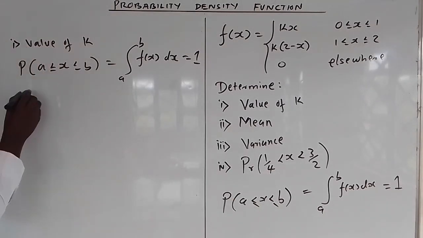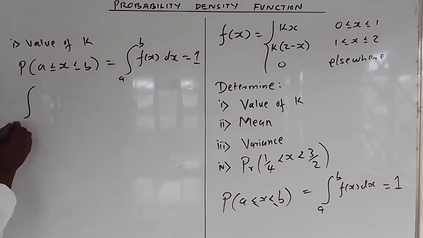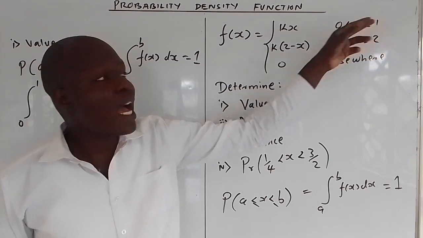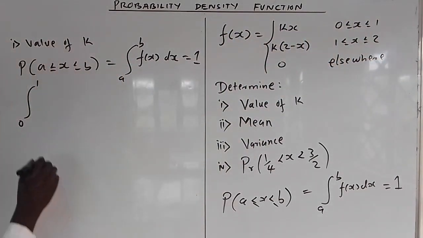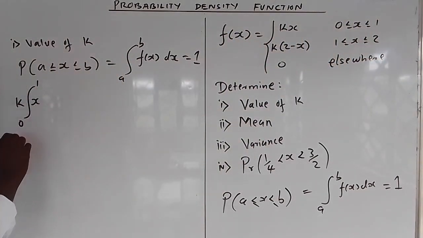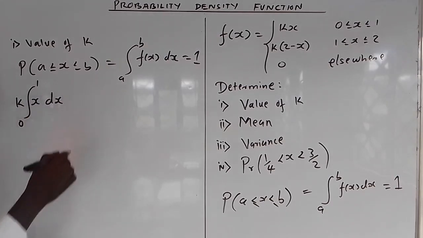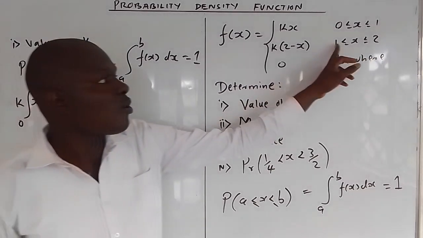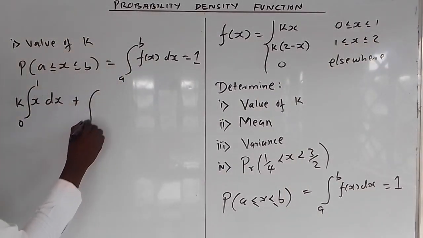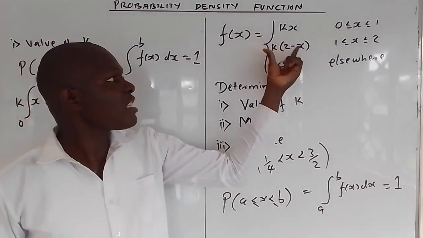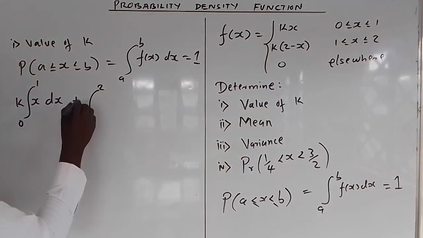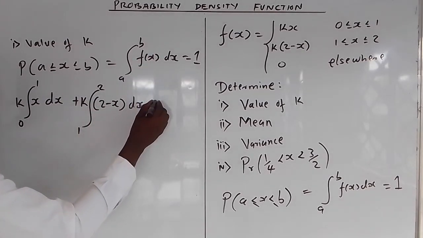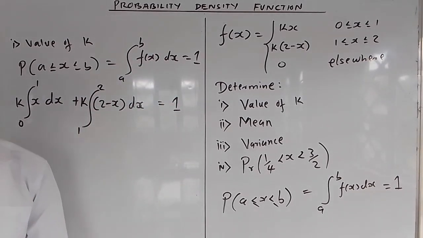K is a constant, so you factorize it outside. So we have k into the integral of x dx from 0 to 1, plus k into the integral of 2 minus x dx from 1 to 2, and that should give you 1.